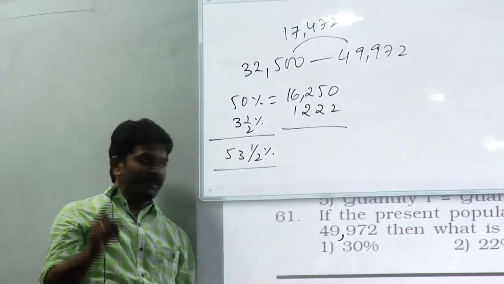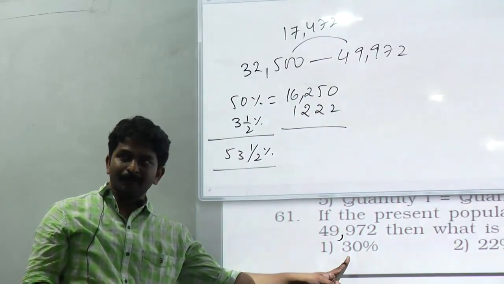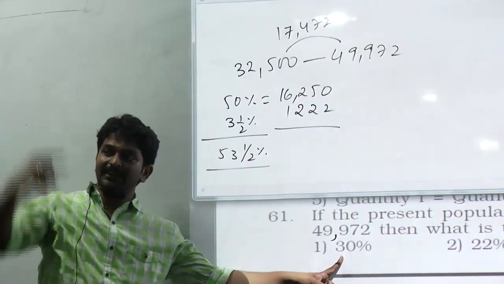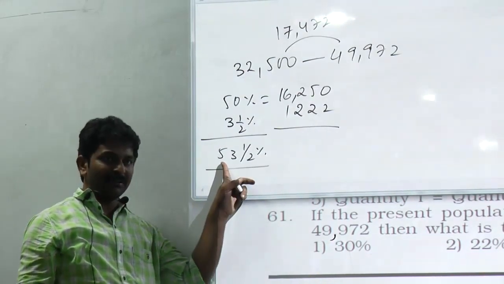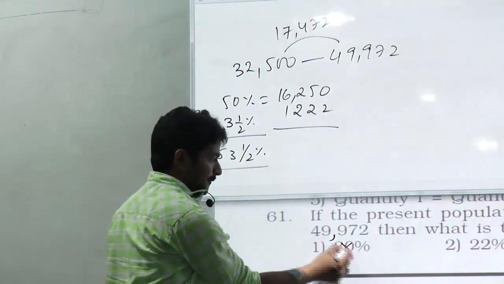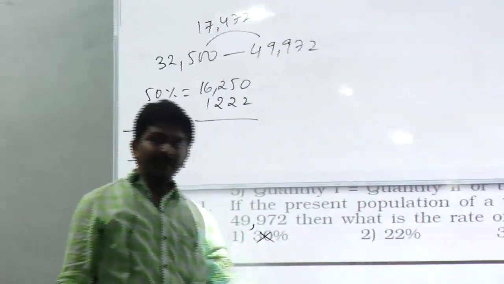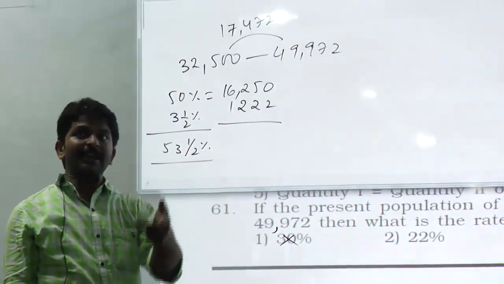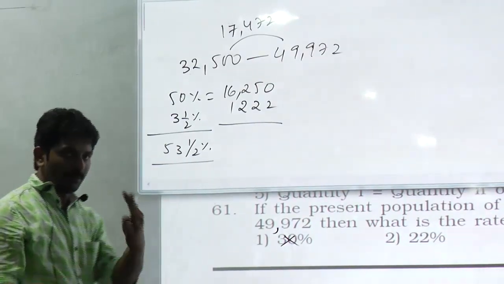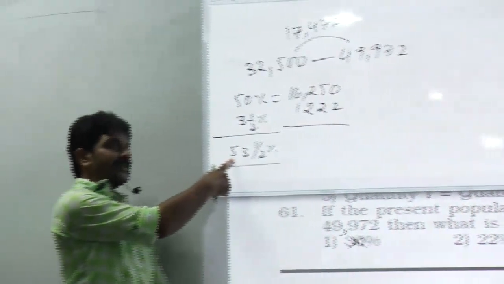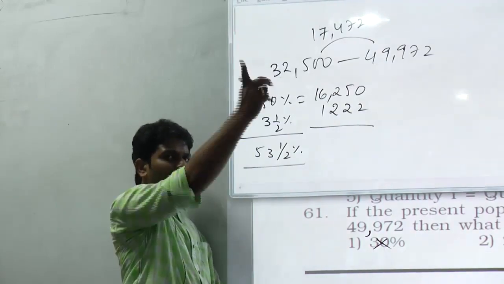Right? If it is first year 30%, second year you will get more than 30. That will be more than 60. But you have 53. This cannot be your answer. First year if you get 22%, second year you will get more than 22. Answer is more than 44, but it is near about 54, far more than that.